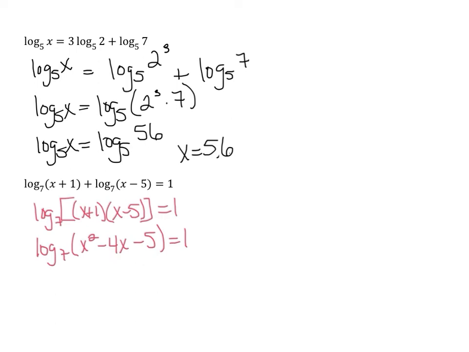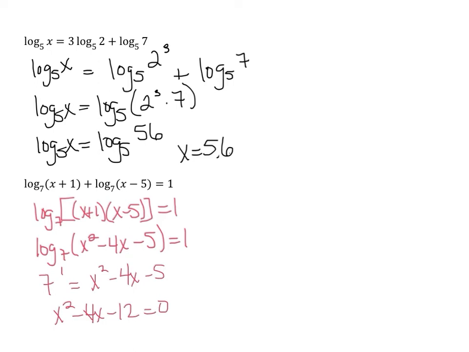So what that tells me is 7 to the first power is equal to x squared minus 4x minus 5. 7 to the first is equal to 1. I can subtract 7 from both sides, and I'm going to flip this around because it makes the most sense to me. x squared minus 4x minus 12 is equal to 0.